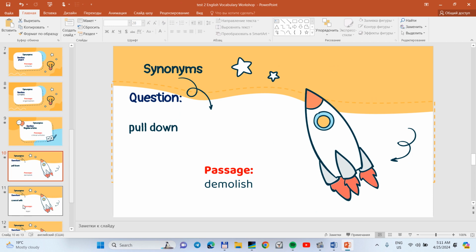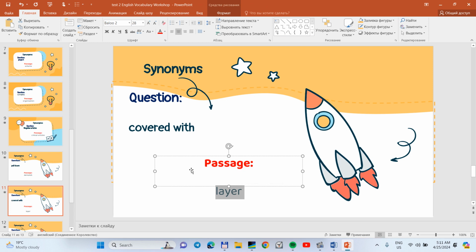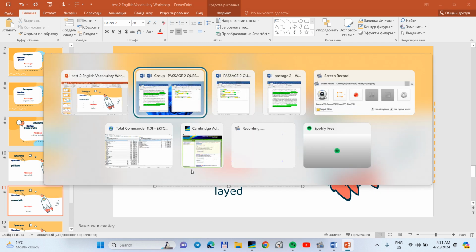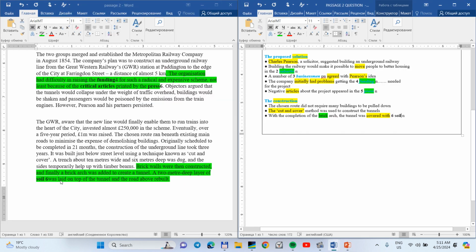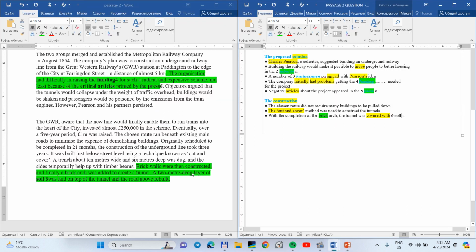And pull down means demolish. Yes, these are synonyms. And covered with means laid. Covered with the synonym is laid, right? Laid.